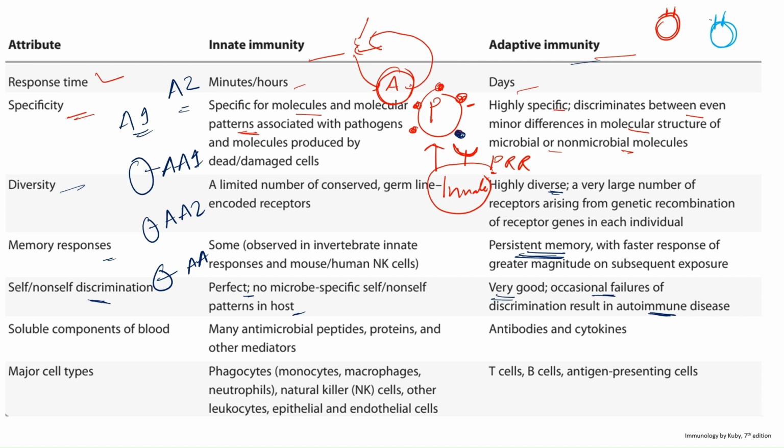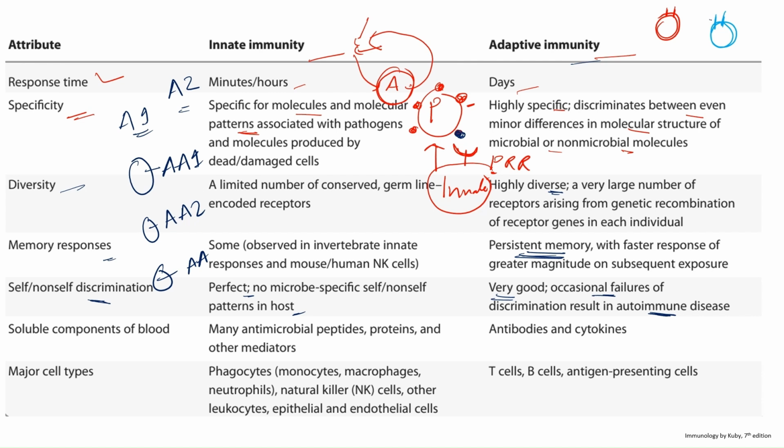The adaptive immune system is very specific. Even for a very small difference in the antigens from the host cell, it can recognize that antigen as an antigen. Due to this good property of the adaptive immune system, sometimes it starts harming our own cells. Because if the adaptive immune system finds any small difference in normal cells also, it will consider that normal cell as an antigen or foreign and start attacking it.